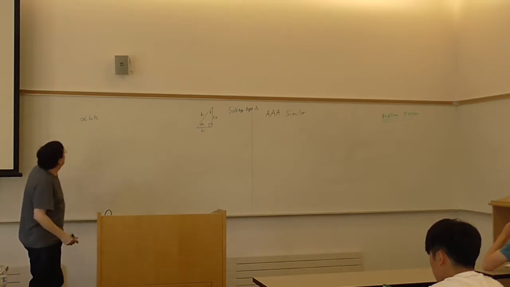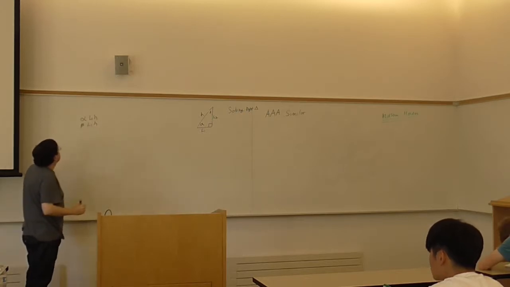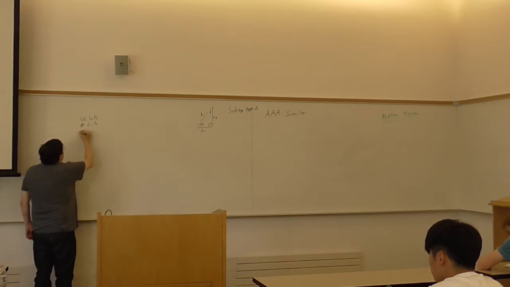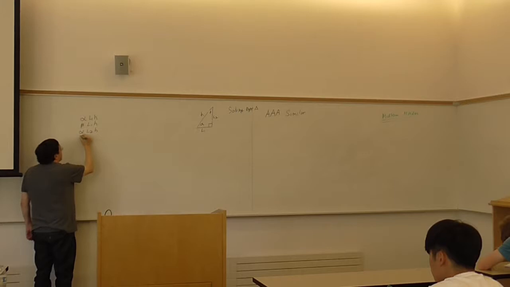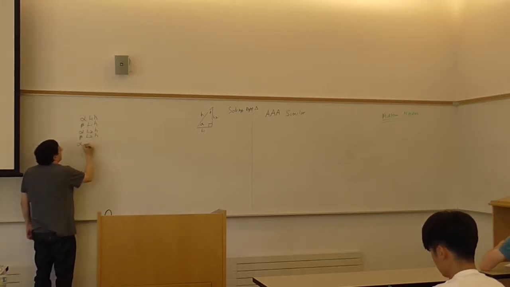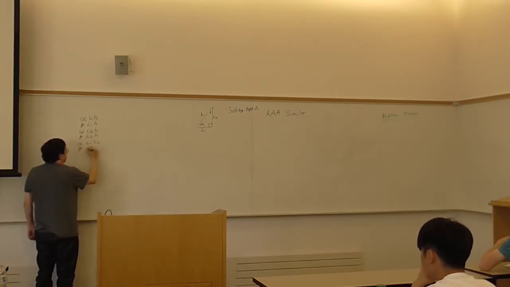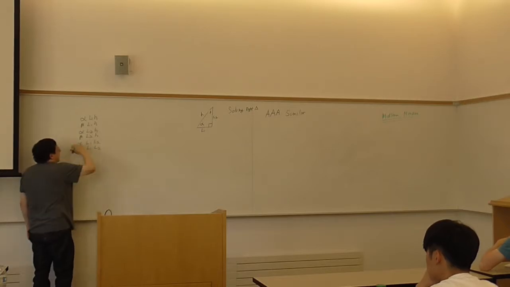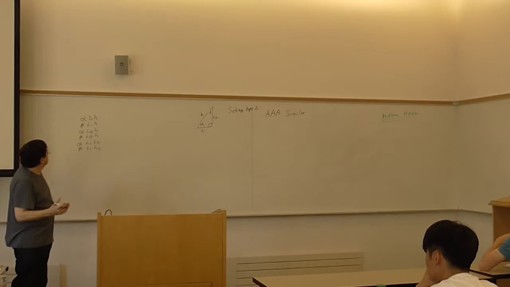I could know beta, L1 and H. I could know alpha, L2 and H, beta, L2 and H. I could know alpha, L1 and L2. I could know beta, L1 and L2. In all of these, of course, no. Wait a minute.